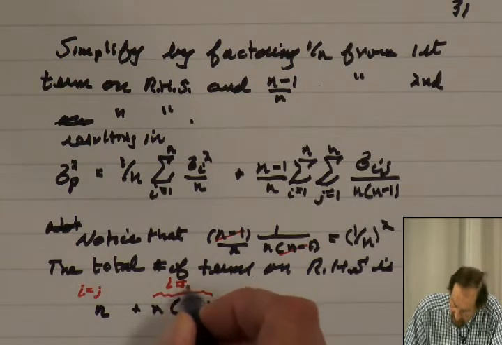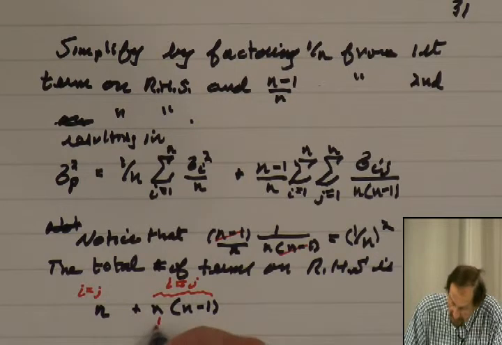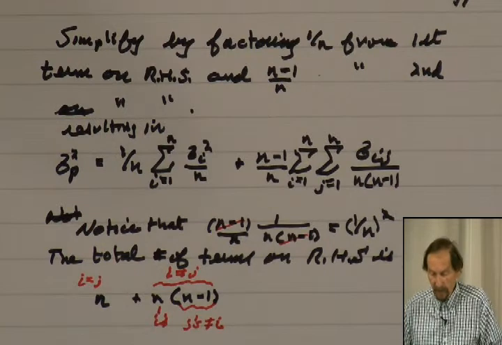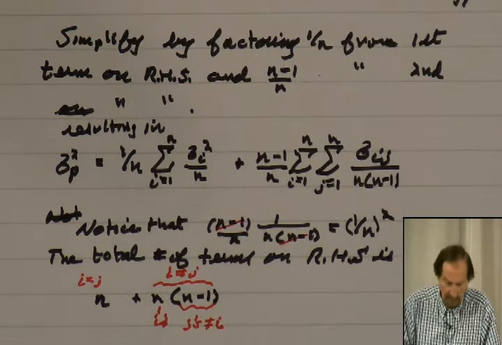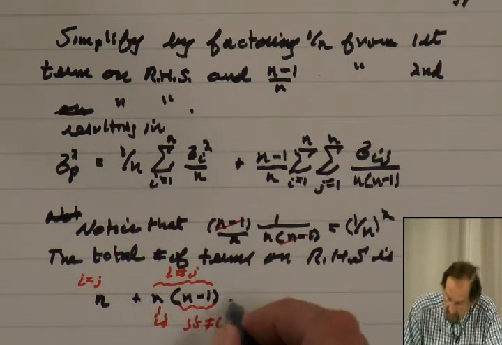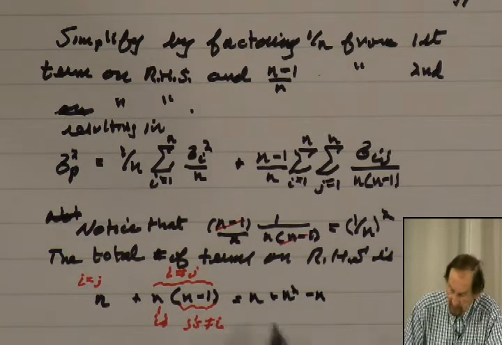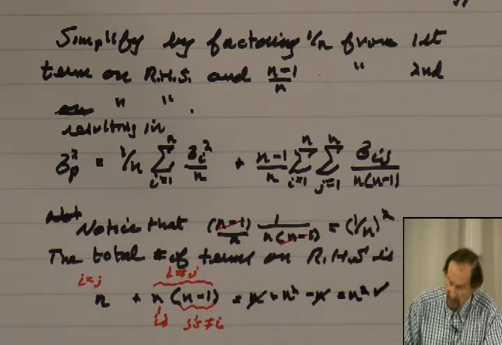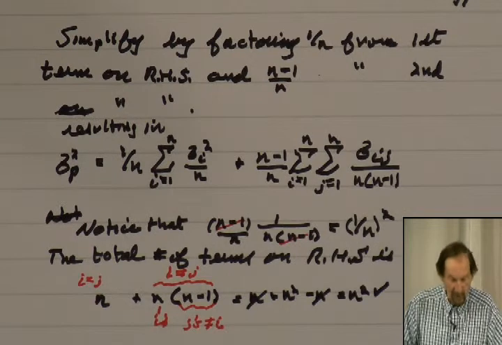And why is that? We have n i's and n minus 1 j's not equal to i. So for each i, there are n minus 1 j's that are not equal to it, because the total number is n. So this equals n plus n squared minus n. These two cancel out, equals n squared. So that's a check. We should have n squared terms on the right-hand side. Now, let's go on.